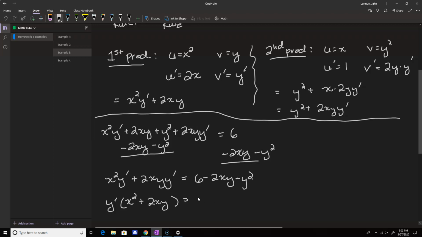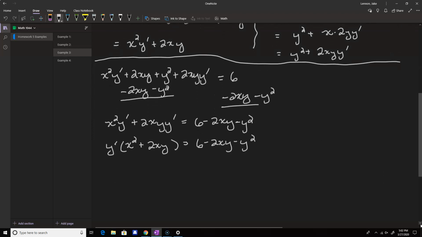And then on the right-hand side, I just copy that down again. And now that I've got y prime being multiplied by x squared plus 2xy, I just divide by that parenthetical quantity. So I'm dividing by x squared plus 2xy. I do that on both sides.